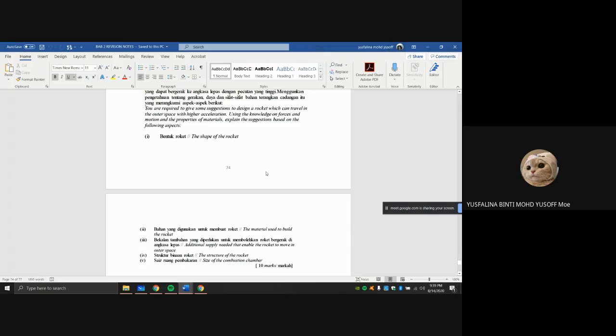Alright, and then the next one is the material used to build the rocket. This one again is strong, because it is long lasting. And then the third one is the additional supply needed that enables the rocket to move in outer space.